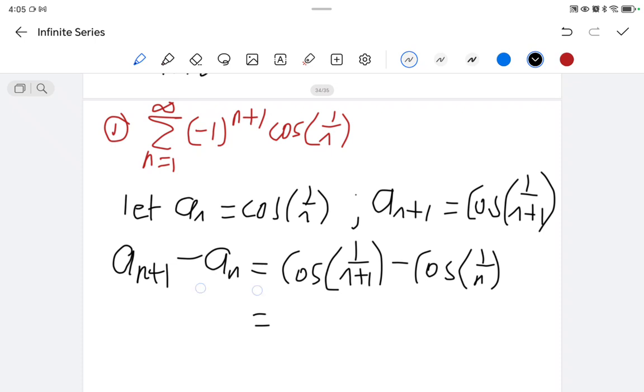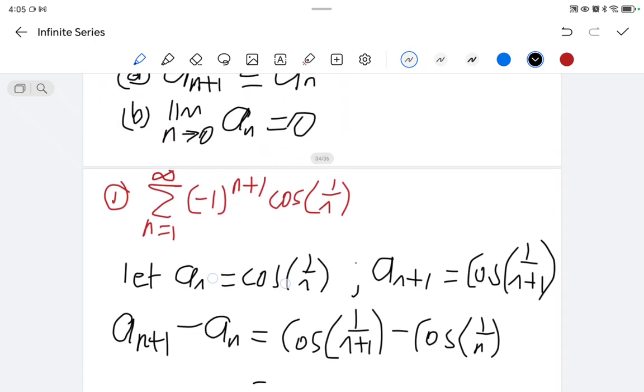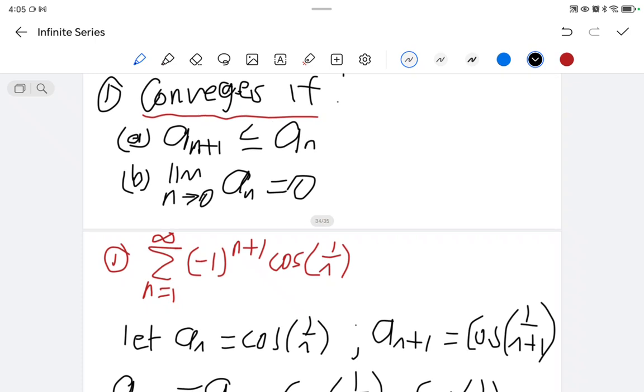We know this, they're called compound angles. Let me just write here.